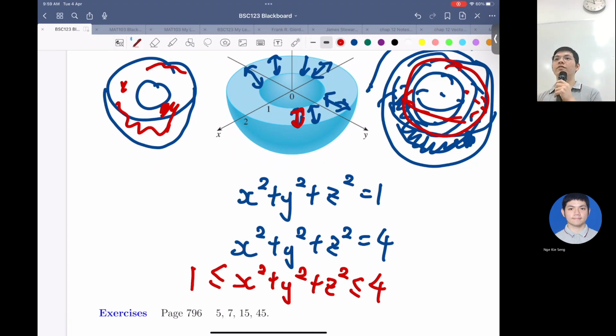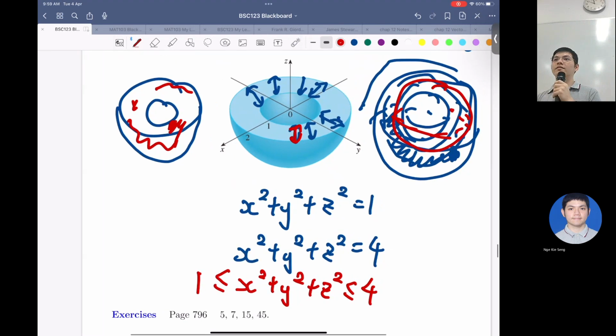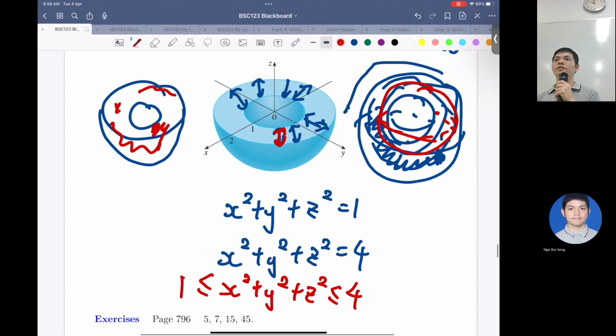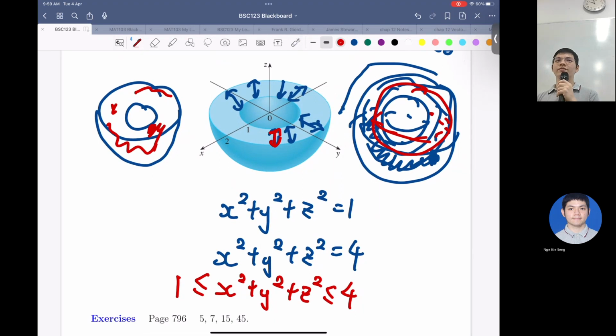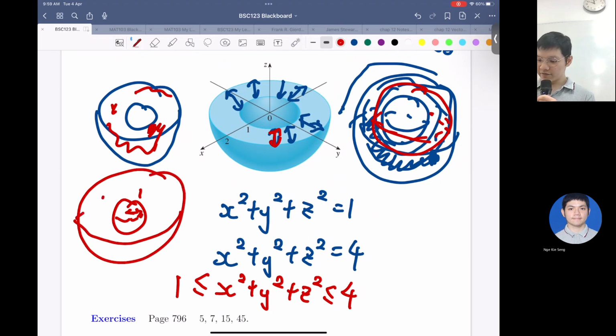Does everyone follow? I saw someone confused. Please ask if you're confused. So we take a sphere at radius 1, up to a sphere with radius 4.